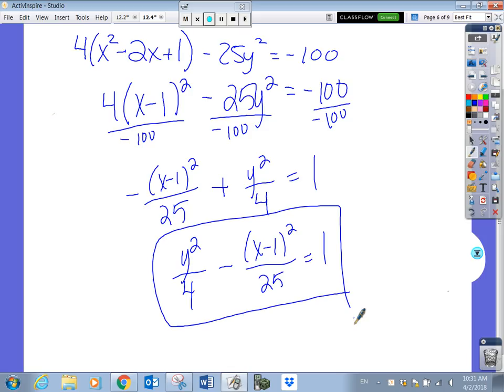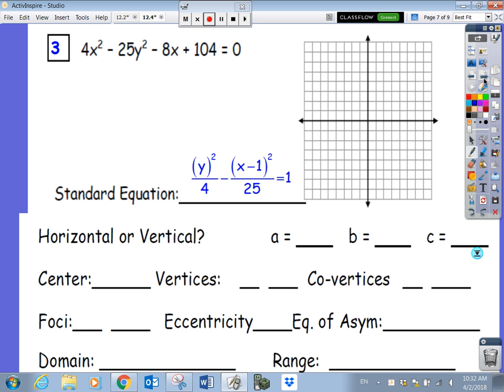So now we can determine whether it's horizontal or vertical. Find the a squared, find the b squared. You can still find that stuff if the negative's first, but everything's flip-flopped. So always make sure your leading term is positive when you're writing it in standard form. All right, so now when we find all that stuff, because the y is first, it's going to be vertical.